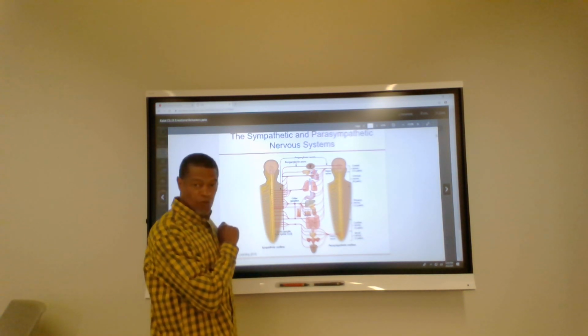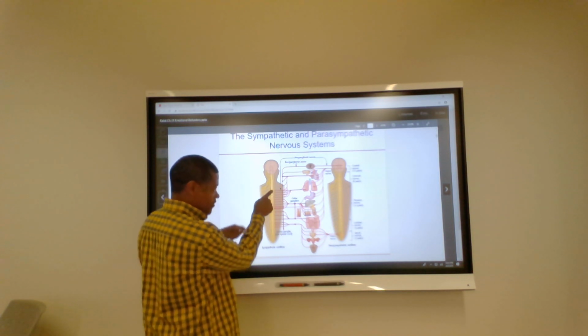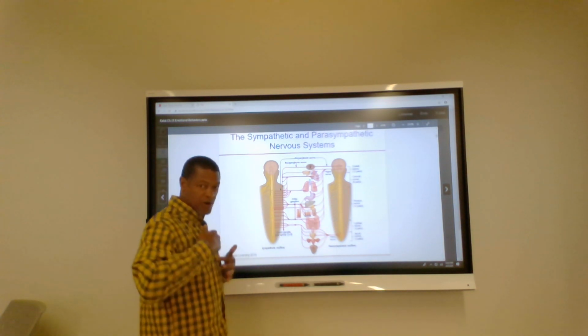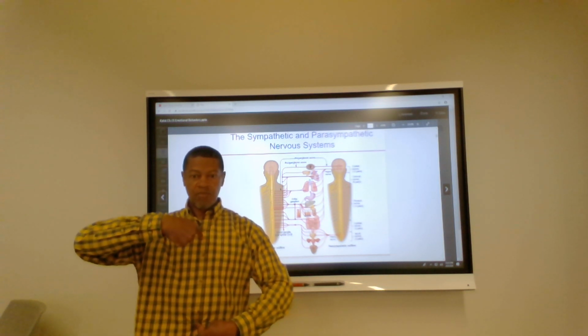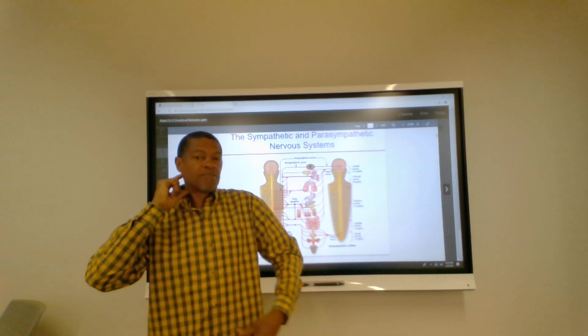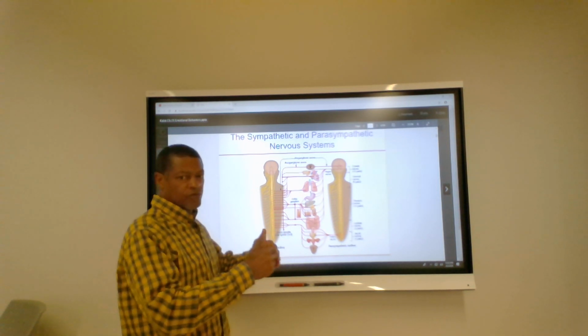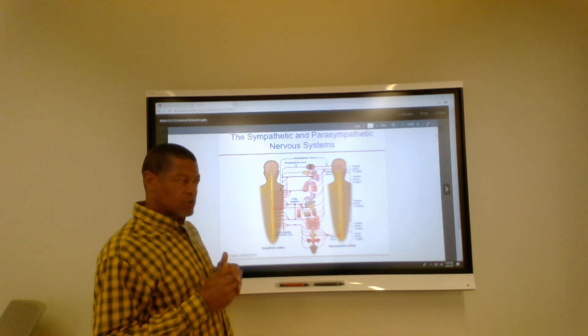That's the sympathetic nervous system. So it's going to the organs, but it's going from the thoracolumbar portion of the spinal cord. Thoracolumbar, sympathetic, or craniosacral down the bottom. That's going towards the organs also. But one's for acceleration, one's for slowing down.